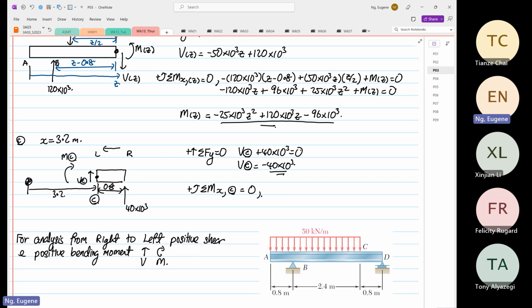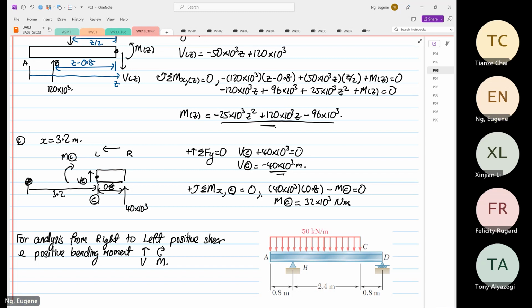Okay, so now the 40 times 10 to the power 3 is positive, multiplied by a distance of 0.8, so M at point C is equal to 40 times 10 to the power 3 times 0.8, which is 32 times 10 to the power 3 Newton meter.